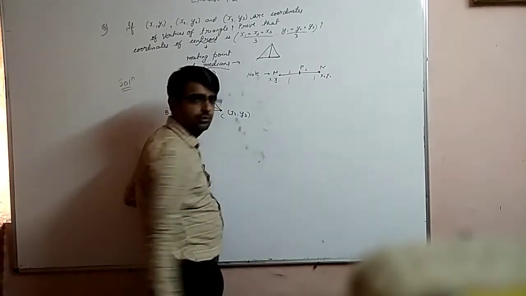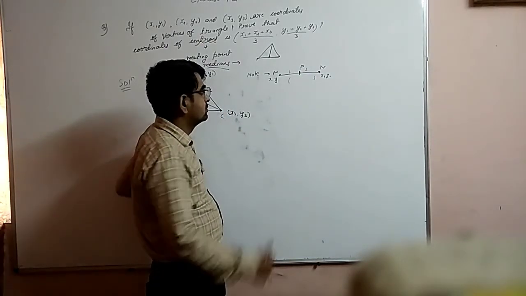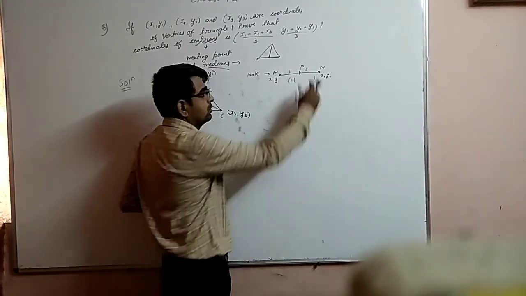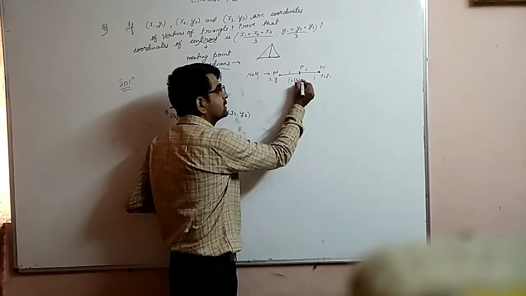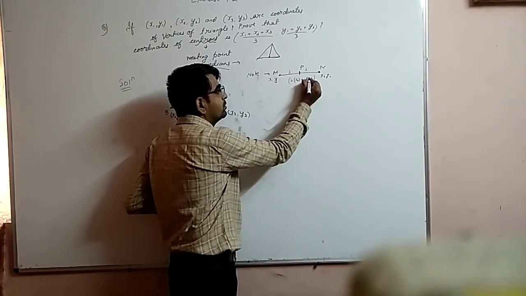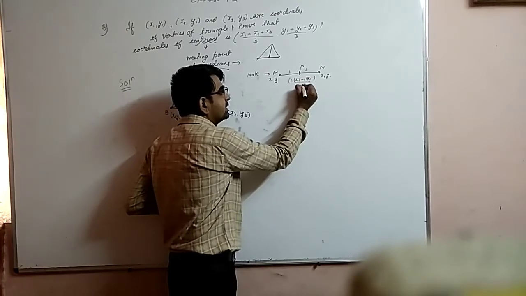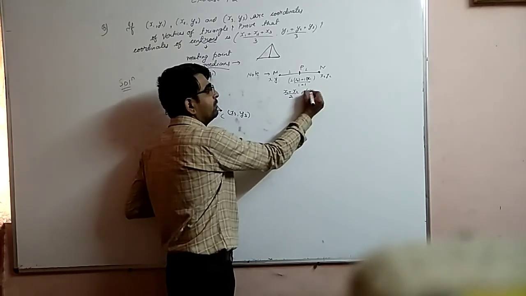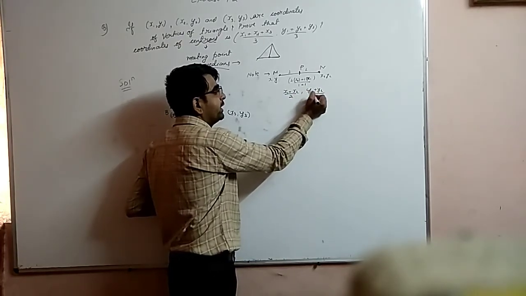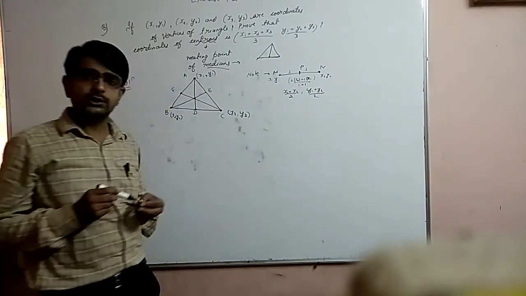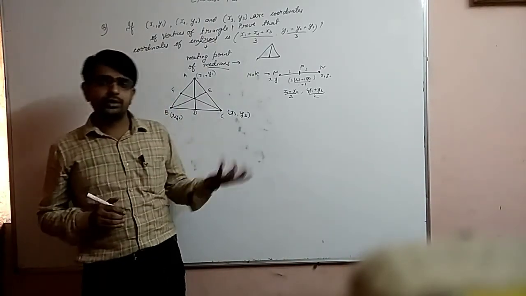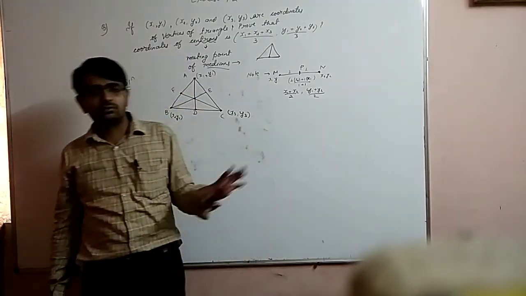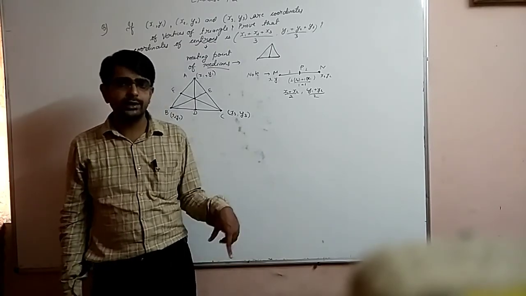The ratio will be 1:1. Using m x2 plus n x1 by m plus n, x will be x1 plus x2 by 2, and similarly y will be y1 plus y2 by 2. So for a midpoint, the coordinate is simply the sum of x coordinates by 2, and for y the sum of y coordinates by 2.